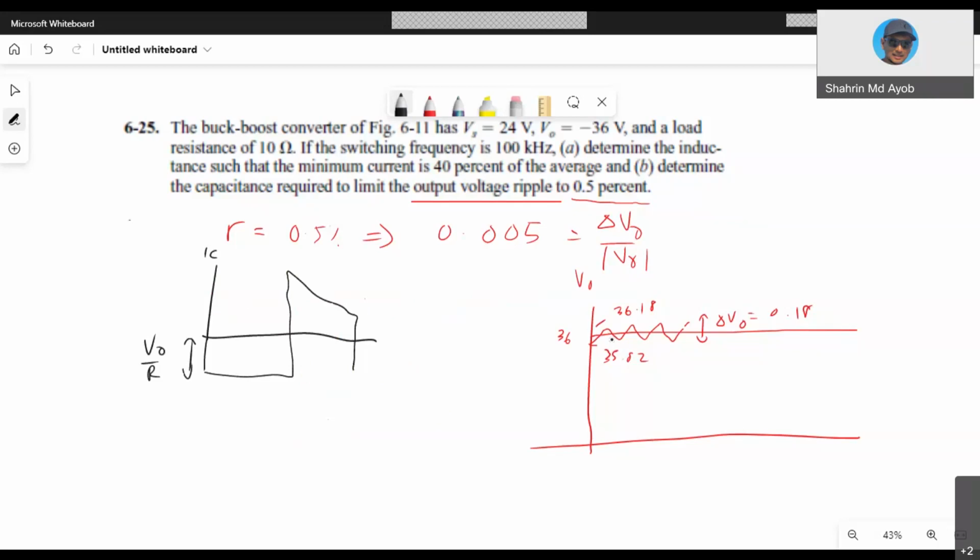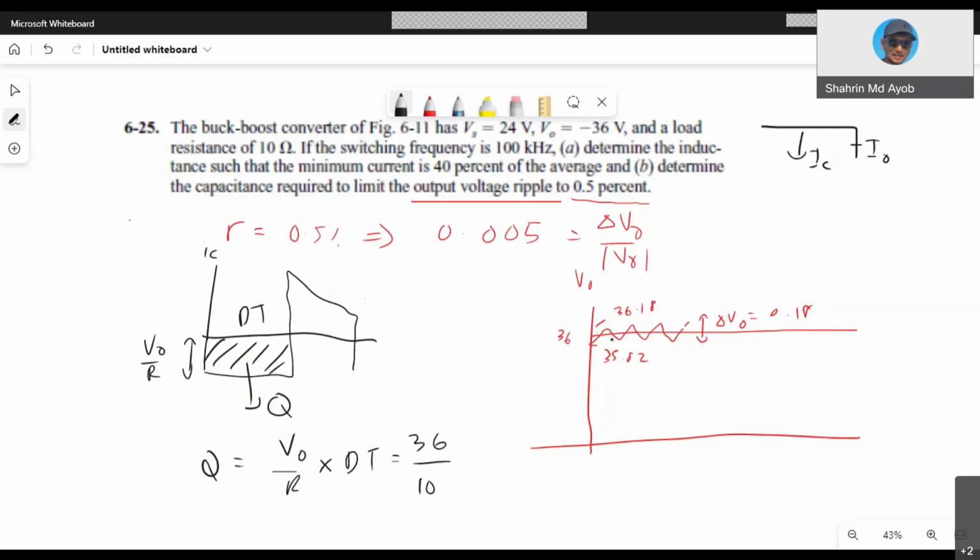So there is a relationship. This one is V out and this one is your DT, the T on. So we find the area of this region, which is your Q. So your Q is equal to V out over R multiplied by DT. V out is given as 36, over 10, multiplied by duty cycle 0.6, multiplied by 1 over 100k.